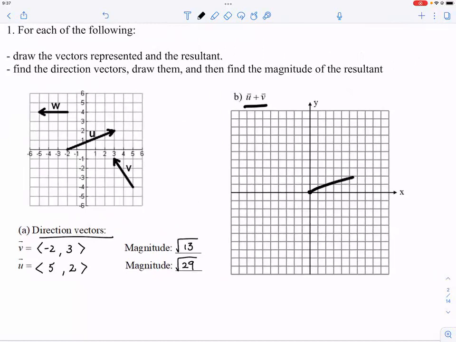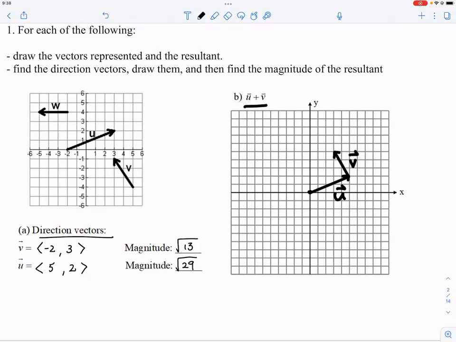So for vector U, we go 5 units to the right and 2 units up. Okay, first. And that's vector U. And then vector V is to go 2 units left and 3 units up.